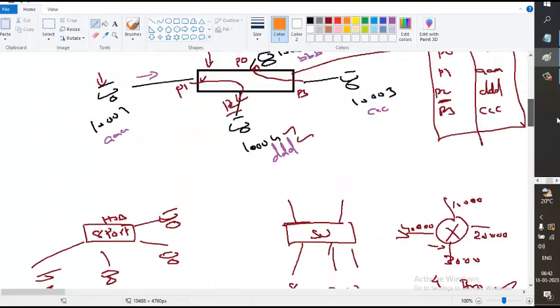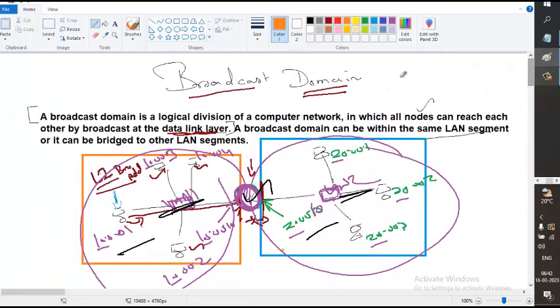So today we had a topic called broadcast domain and collision domain, and we saw that broadcast domain is a logical division of network in which all the nodes can reach each other by broadcast at the layer 2, at the data link layer, at the MAC address level.